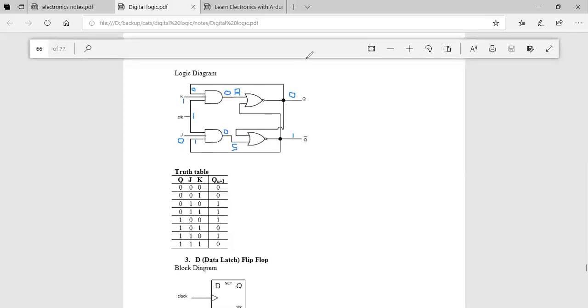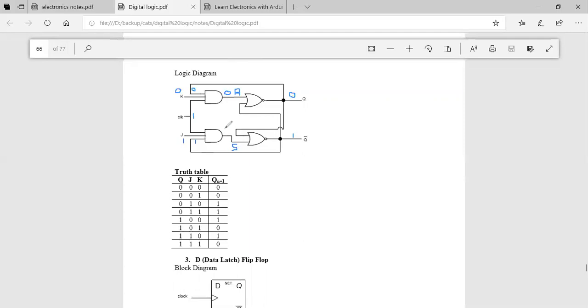But now, let's change our K to 0 and J to 1 and see what happens. This is 1 and this is 0. So 0 and 0 and 1? 0. That's correct. 1 and 1 and 1? 1.